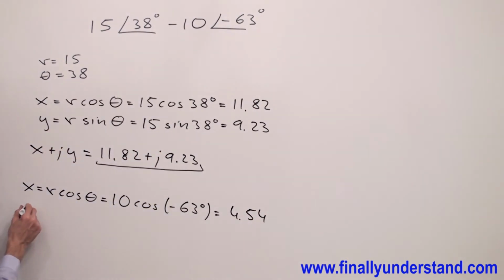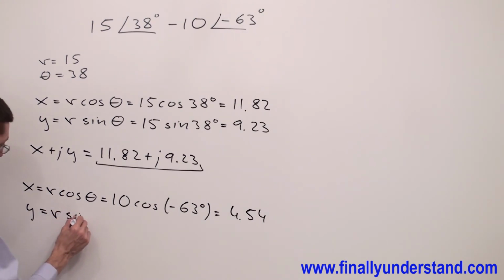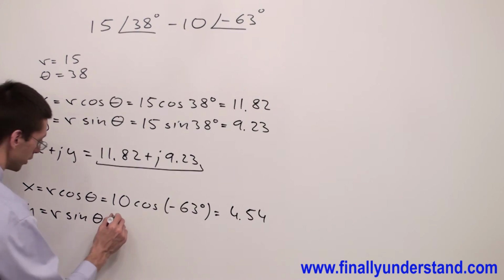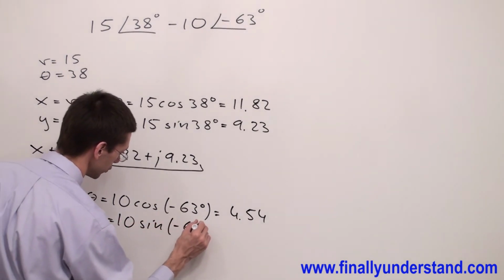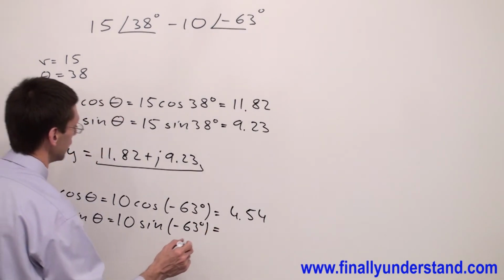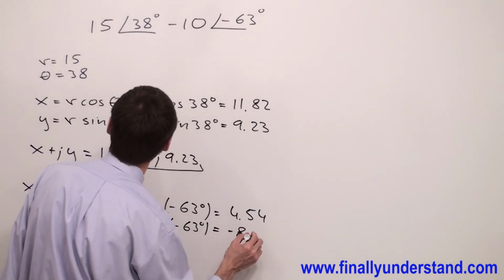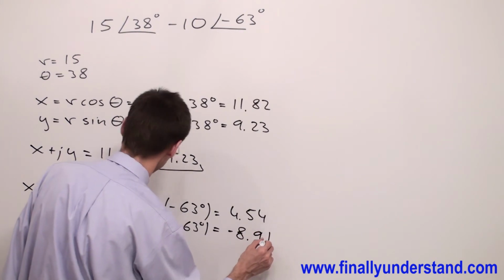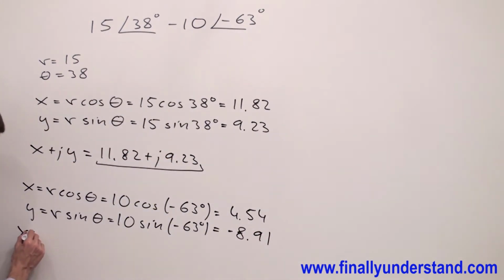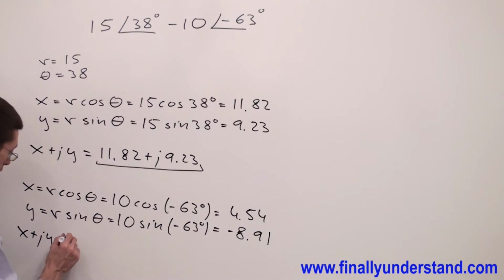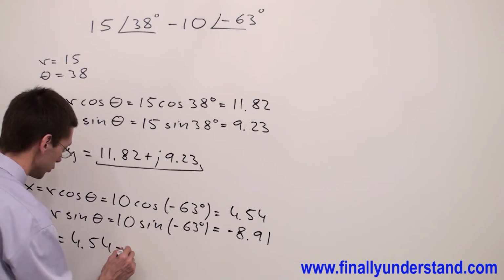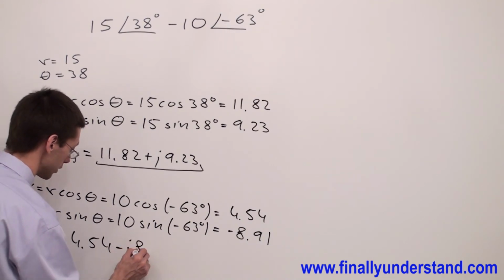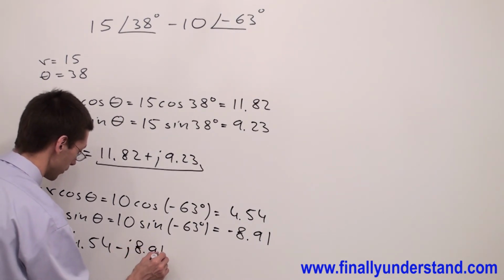And y is equal to r times sine theta, which is equal to 10 sine negative 63 degrees, which is equal to negative 8.91. So my x plus jy is equal to 4.54 minus j, I can say right now, 8.91.